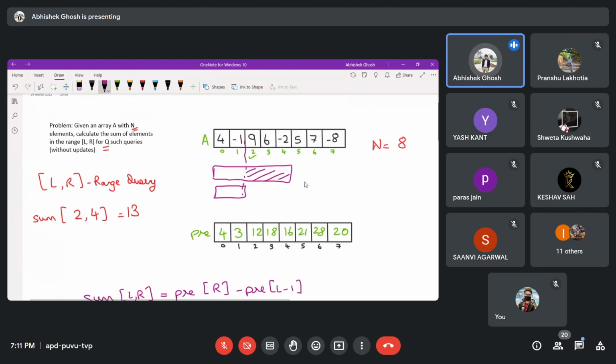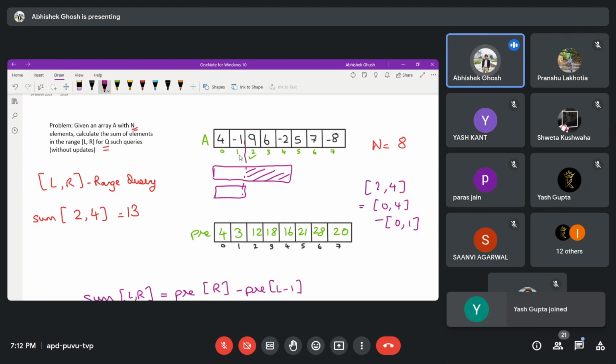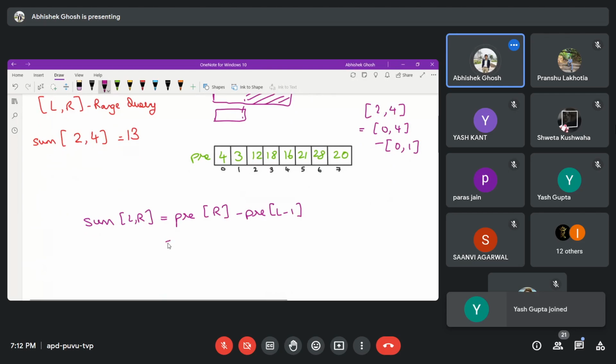Because the range is inclusive. So we need the sum from 2 to 4, which will be the sum from 0 to 4 subtracted by the sum from 0 to 1. So prefix sum of 4 is 16 subtracted by 3. So it will be 16 minus 3 is 13, which is the same as what we got earlier using our first approach.